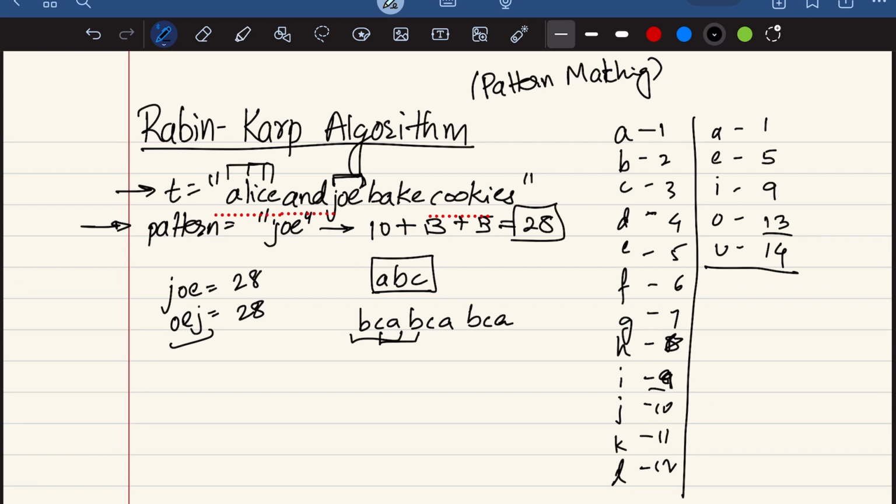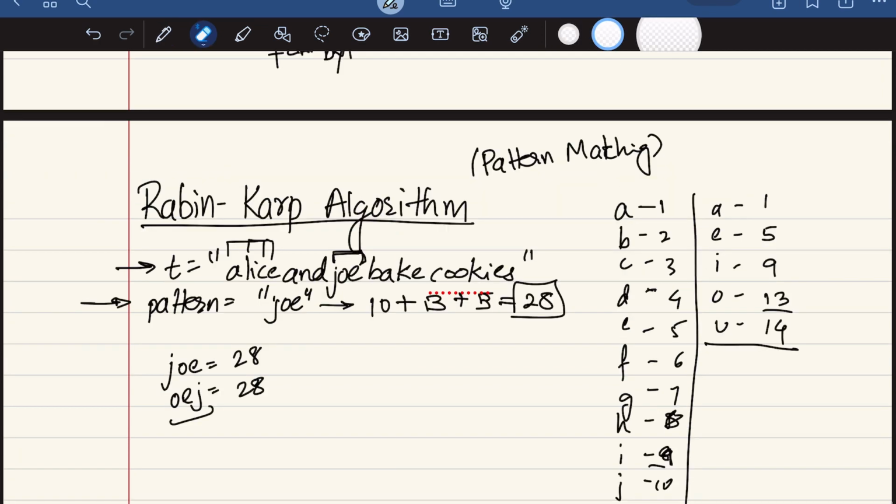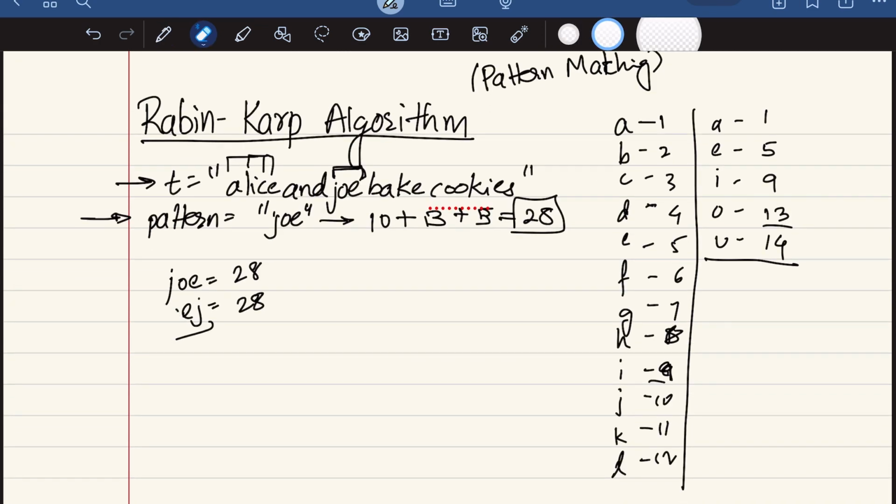So we do character-to-character matching every time we get the same hash value. This is the major drawback: we can have the same hash values for multiple strings which don't even match.